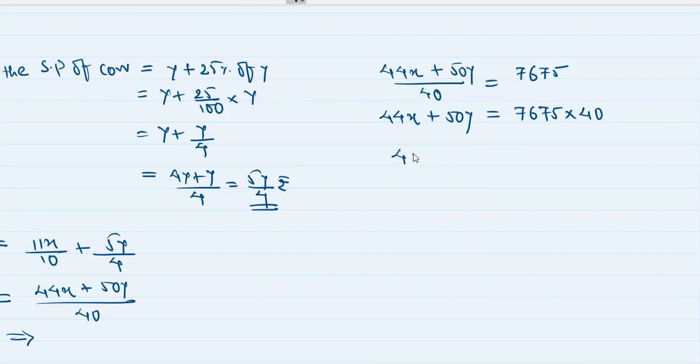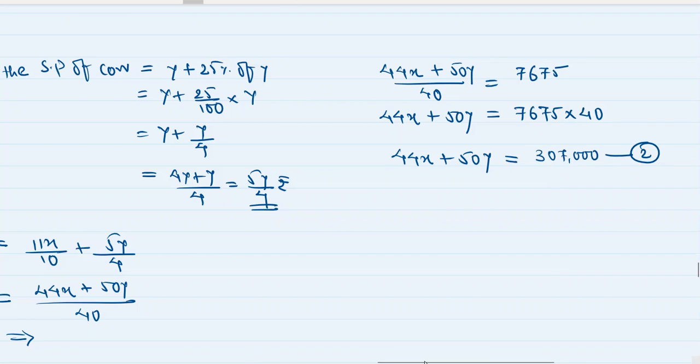So 44x plus 50y is equal to, please multiply and find it out and confirm the answer with me. It is 3,07,000. Okay, so this is your equation number 2.